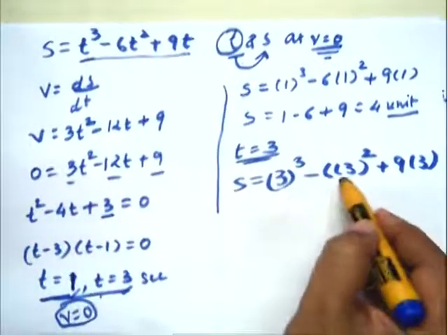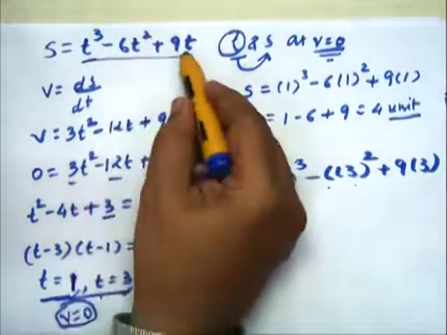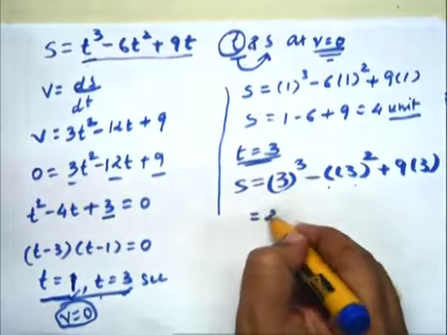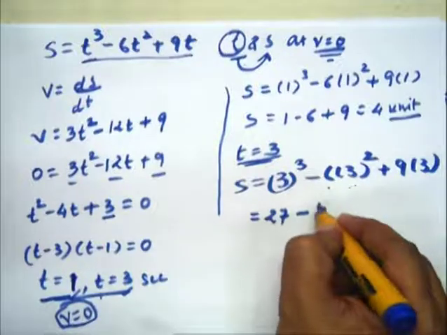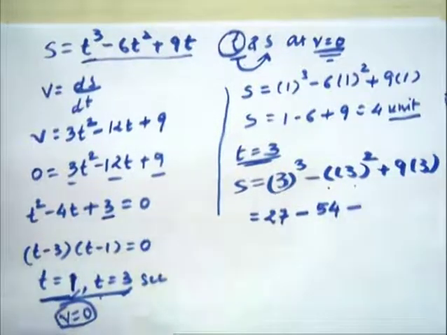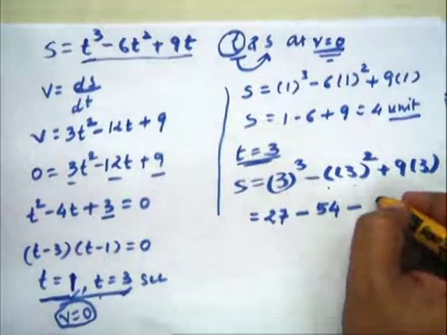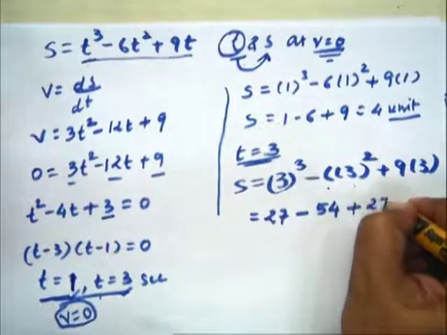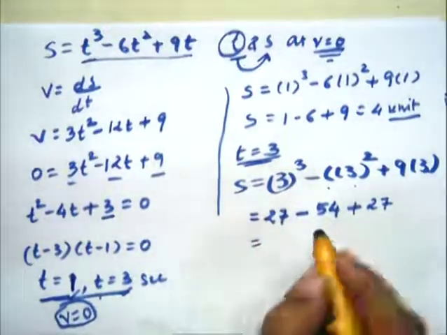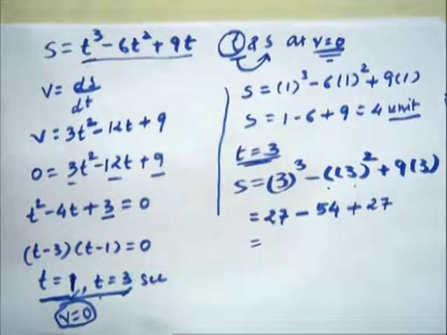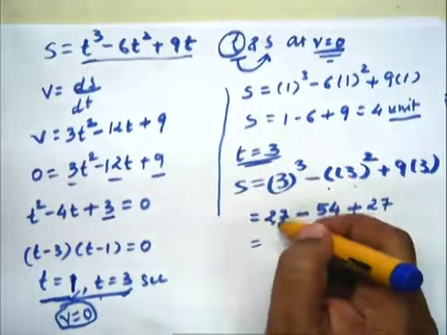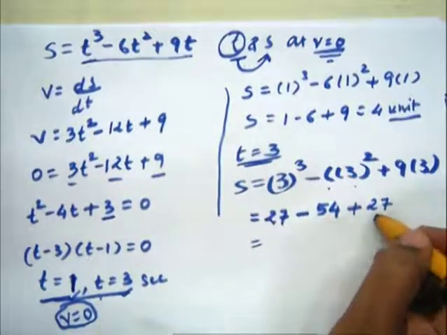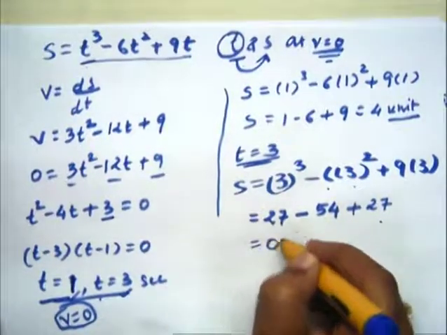It is 27 minus 3 square, which is 9, into 6, which is 54, plus 27. So 27 plus 27 is 54, minus 54 is equal to 0 units.